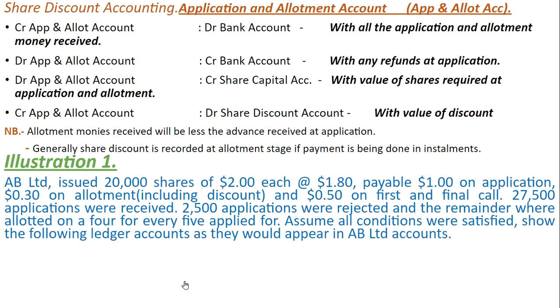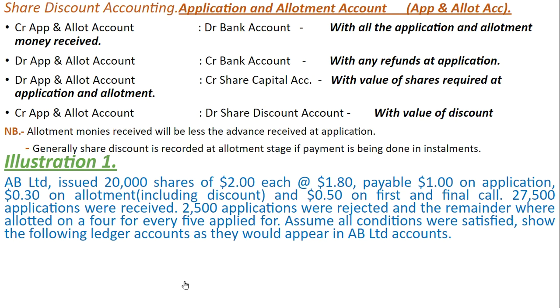AB Limited issued 20,000 shares of $2 each at $1.80. Payable $1 on application, 30 cents on allotment including discount, and 50 cents on first and final call. 27,500 applications were received, 2,500 applications were rejected, and the remainder were allotted on a 4 for every 5 applied for.